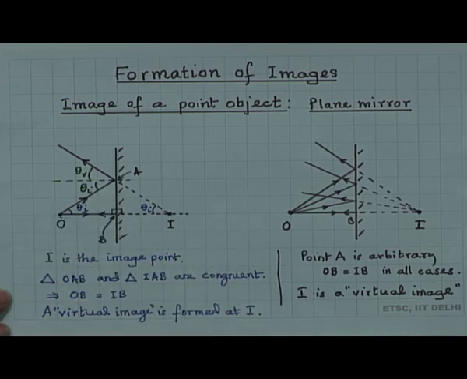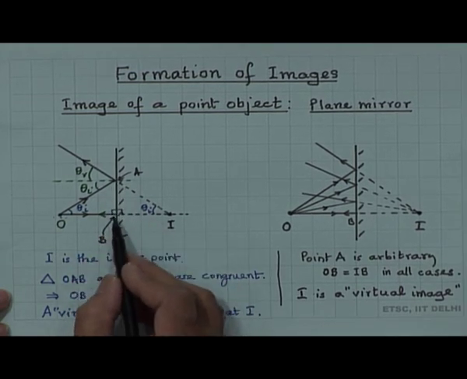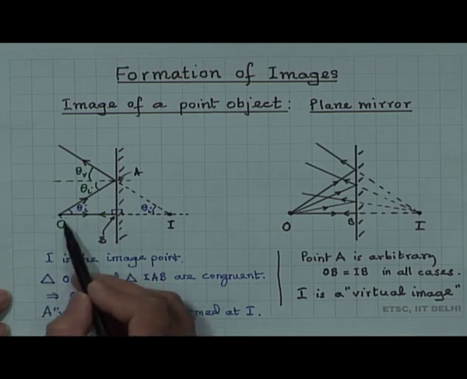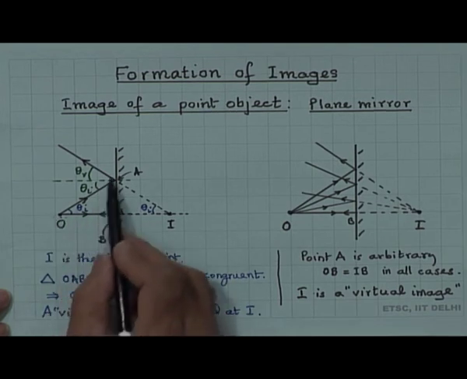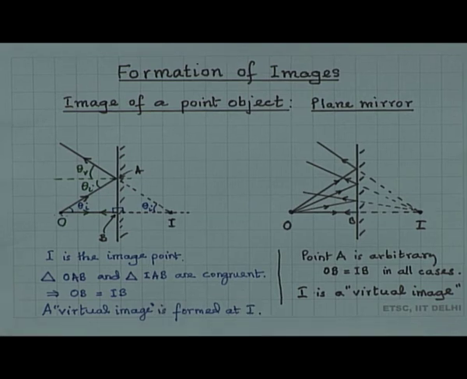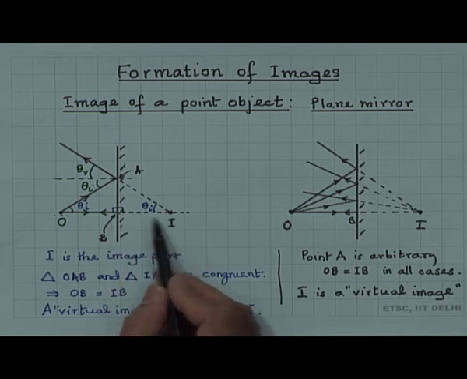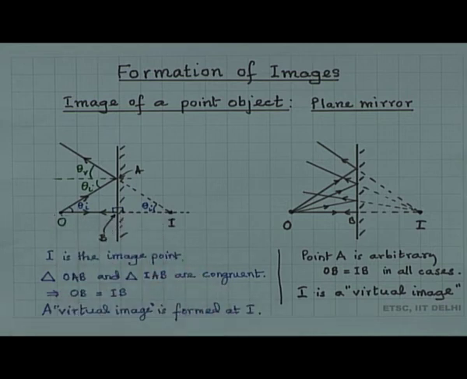Therefore, all angles are the same and they have one common side here, and therefore triangle OAB and this triangle are congruent triangles, which means OB is equal to IB.